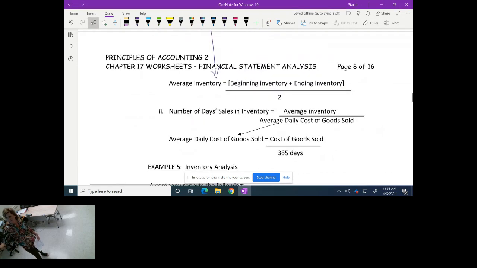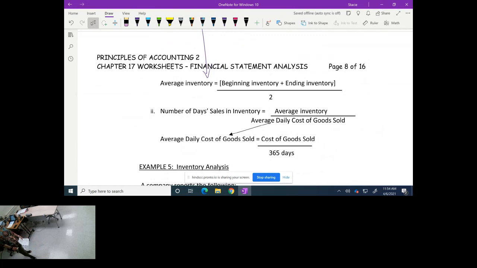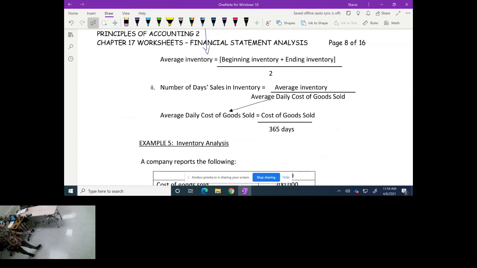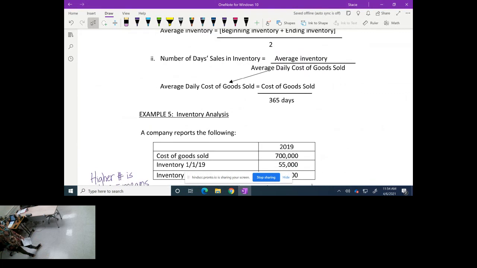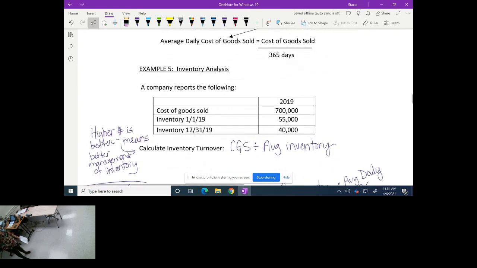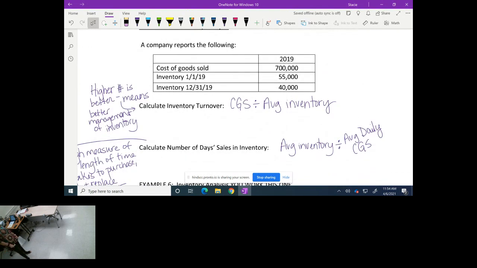You calculate average inventory the same way you do average accounts receivable, except with inventory numbers. Number of days sales in inventory is average inventory divided by the cost of goods sold divided by 365. Same way, just different measures. We've got cost of goods sold numbers, and beginning and ending inventory numbers.